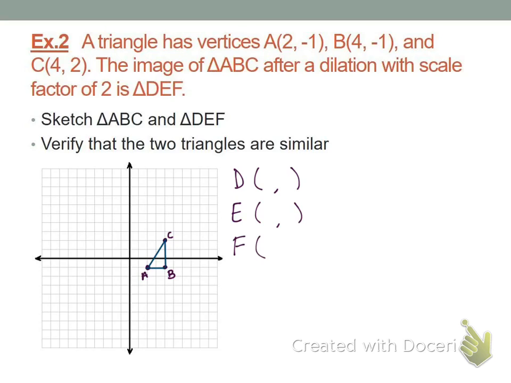If you want to put your prime notation next to them, D is going to be which prime? A prime, B prime, C prime. So if you want to keep that off to the side just as a reminder of where these are coming from, they're having us rename them DEF instead of using primes. If our scale factor is 2, what are the coordinates of point D?